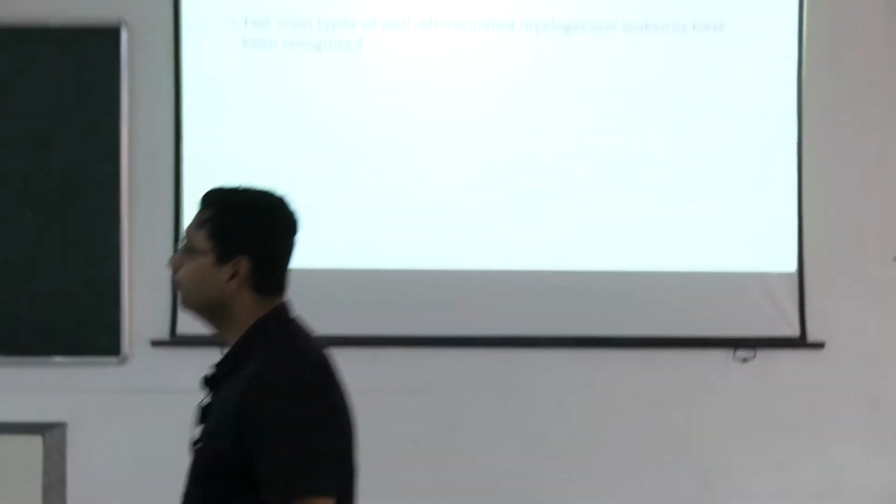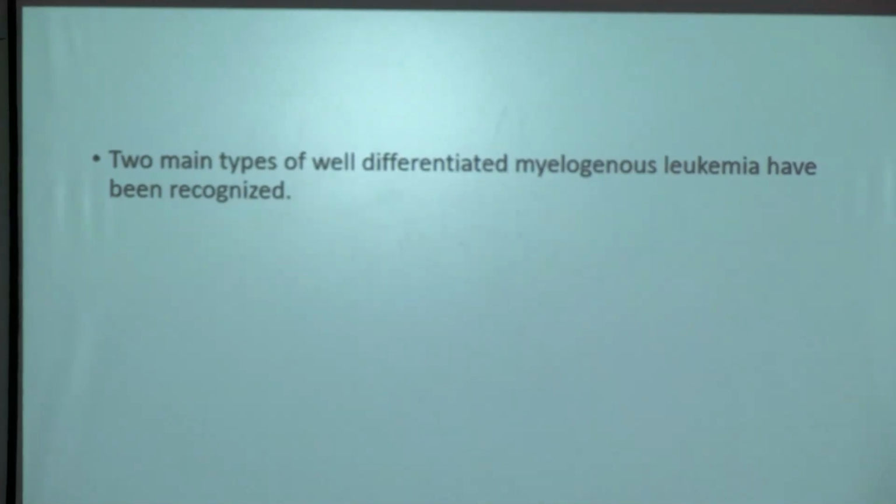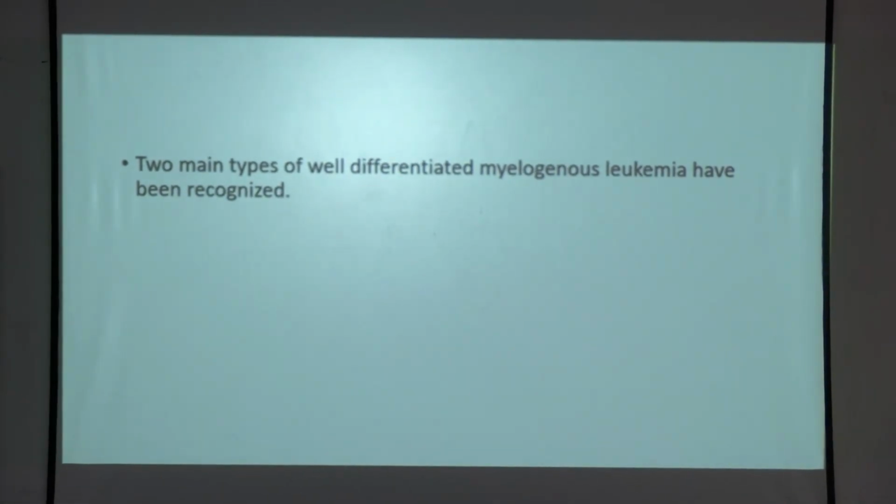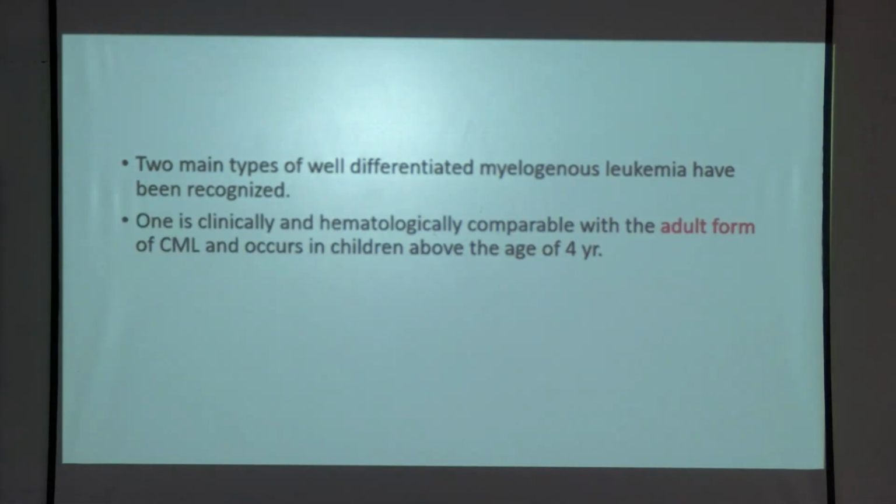There are two main types of pediatric CML that we see. The first one is the adult form of CML, which has a better prognosis and occurs in children above 4 years of age. If children older than 4 years get CML, this is the adult form and it has a relatively good prognosis.